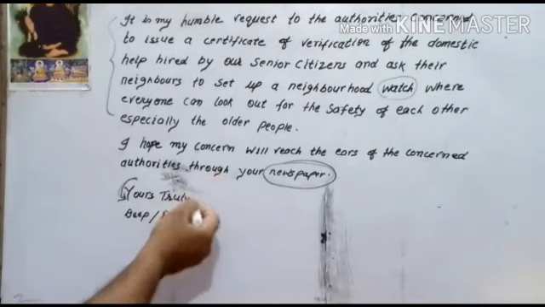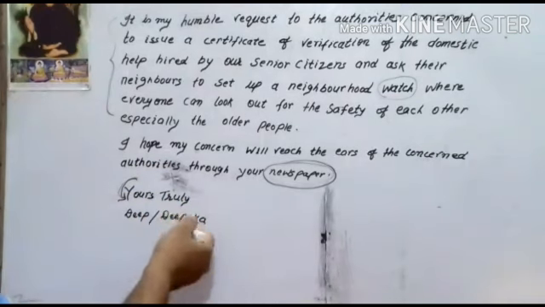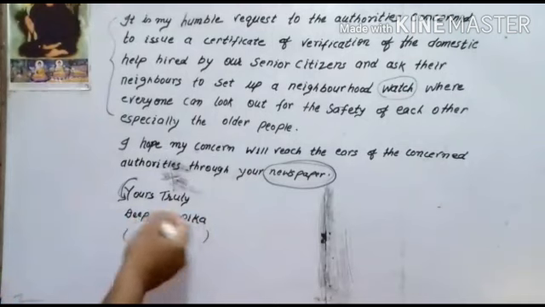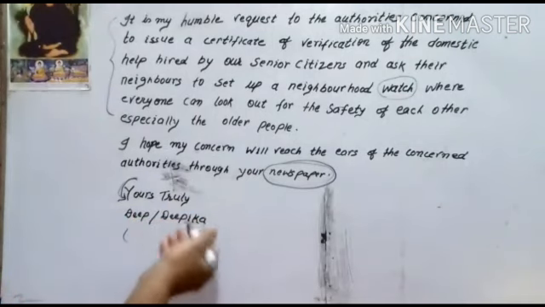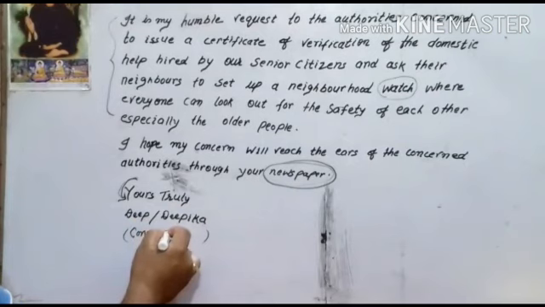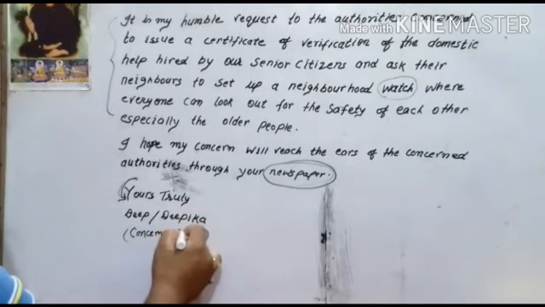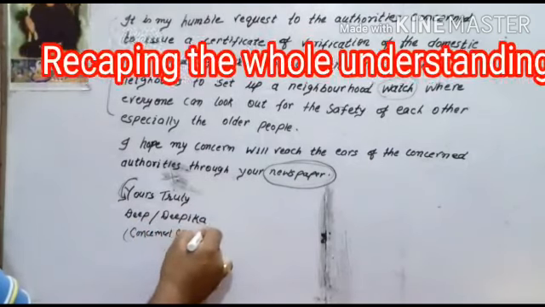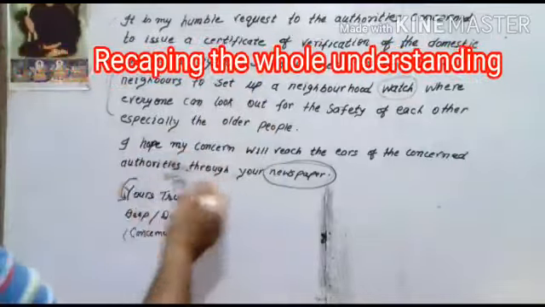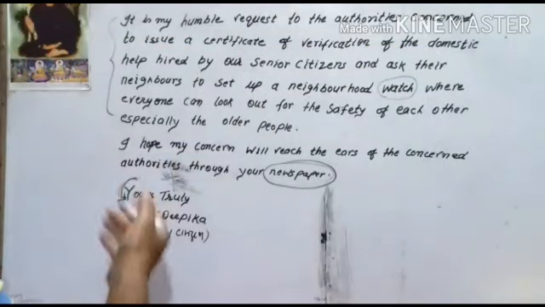Yours truly or faithfully, Deepika. In brackets you can write your designation. And suppose you do not have a designation, you are not working anywhere, or you are not in public life, you can mention "a concerned citizen" there. So to recap the body of the letter, you must mention in 2 or 3 lines your introduction and the general starting line, through the columns of your esteemed daily.